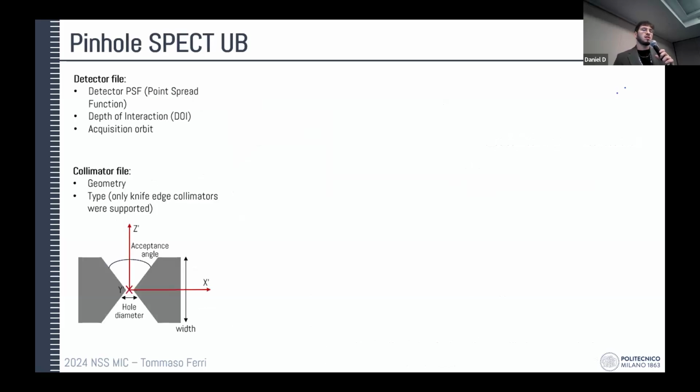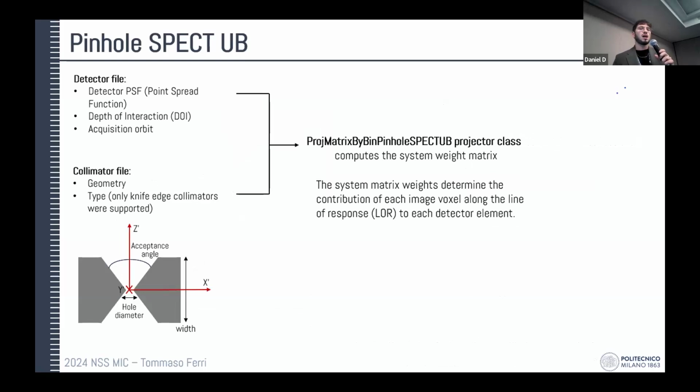This information is then used by the projector called ProjMatrixByBinPinholeSPECTUB, which determines the system weight metrics by evaluating the contribution of each image voxel along the line of response to each detector element.